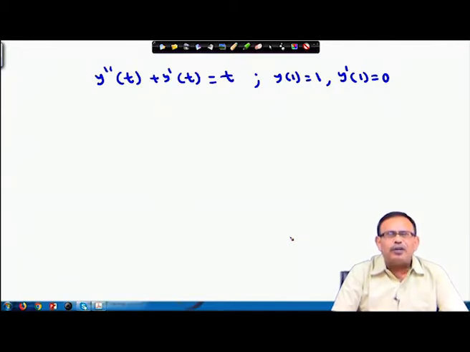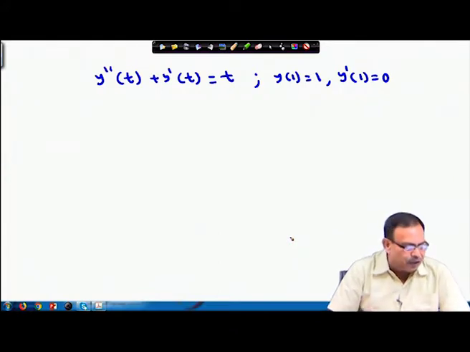Whenever I face this type of problem, where the value of y or y dash is not provided at t equals 0, I can make a change of parameter, that is, substitute t by some other parameter in such a fashion that the conditions are obtained at the new variable equals 0.